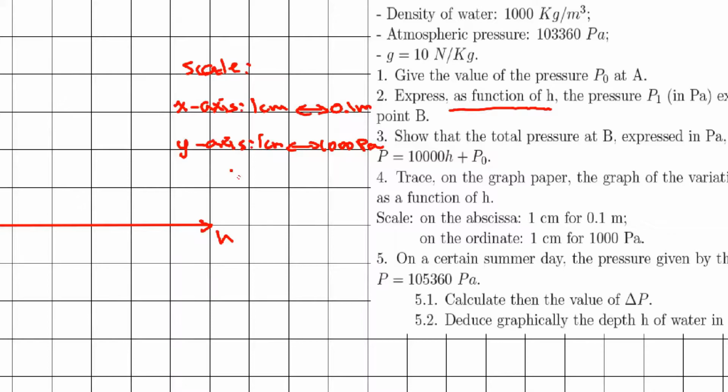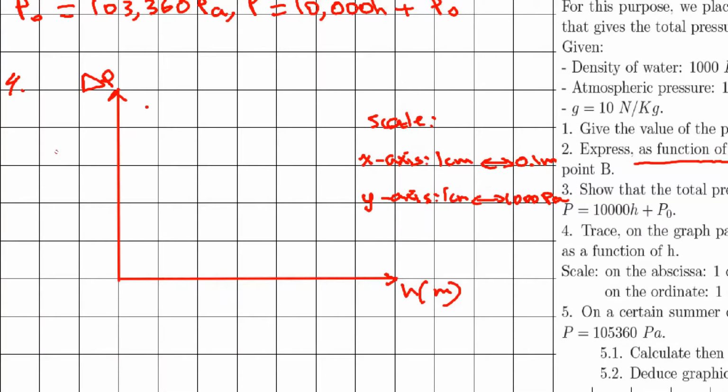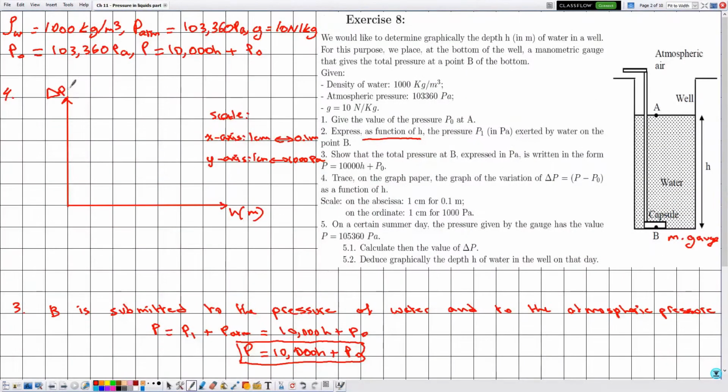So notice that if we compare this x-axis, which is labeled by the physical quantity H, we notice that meters is in agreement with this physical quantity, so H must be expressed in meters. And as for the y-axis, each 1 centimeter corresponds to 1000 Pascal, and we know that Pascal is the unit of pressure.